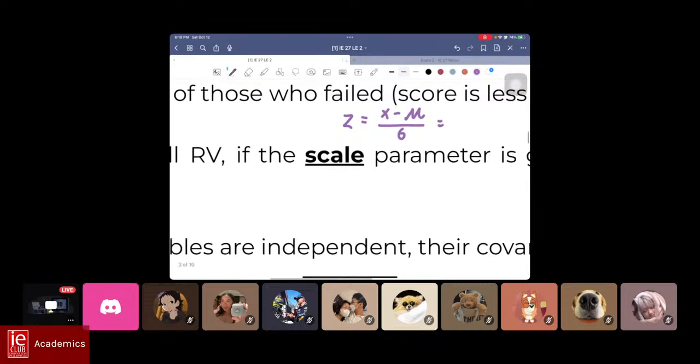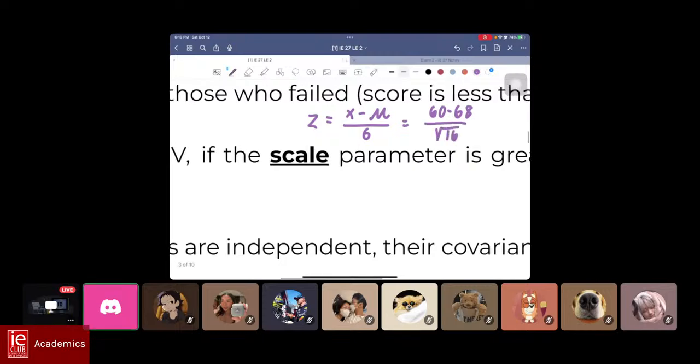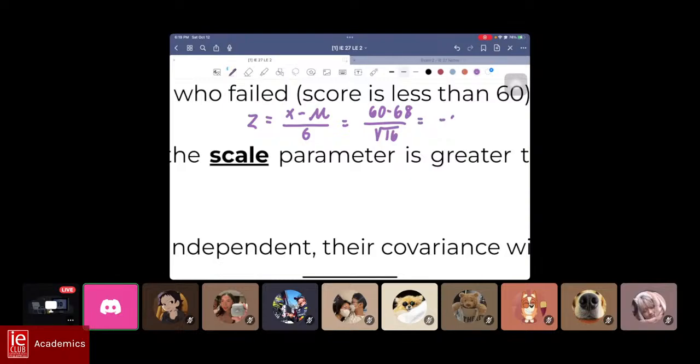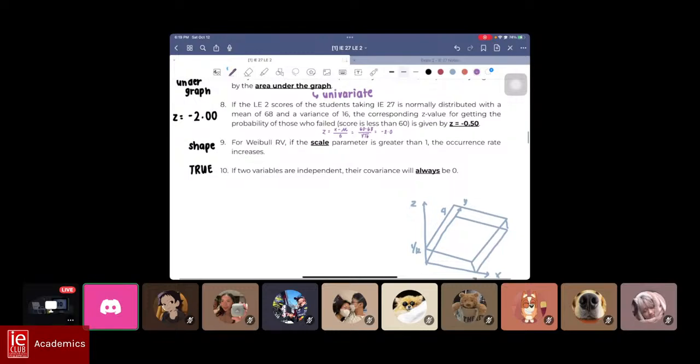So since it's given here that we're finding the probability of those who failed, your x will be equal to 60. The mean is given to be 68. And then since we're given the variance instead of the standard deviation, we should get the square root of the variance. So that's square root of 16. And this will be equal to negative 2.